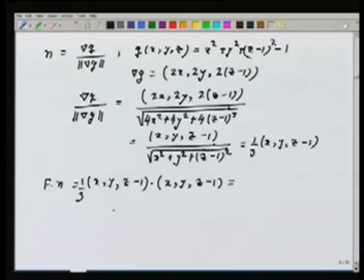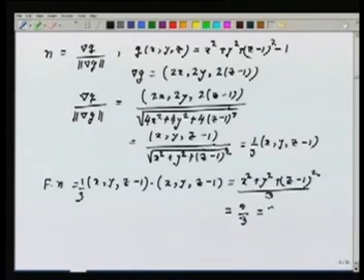So again I get x square plus y square plus z minus 1 whole square divided by 3. But x, y, z are points on the surface, so this numerator is actually 9, so it is 9 by 3, so it is equal to 3.